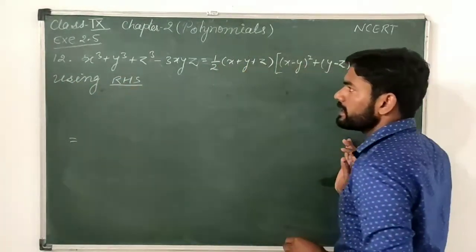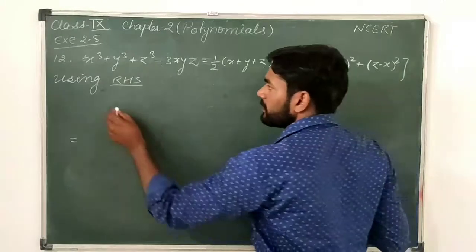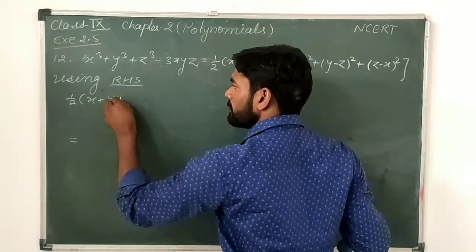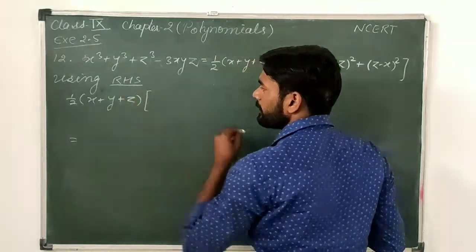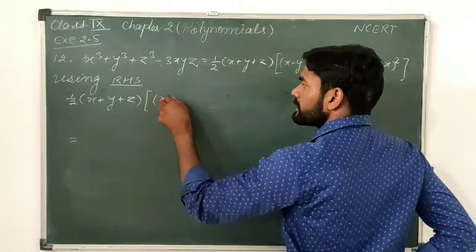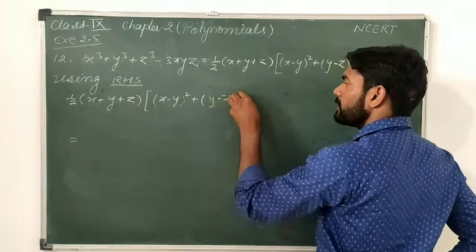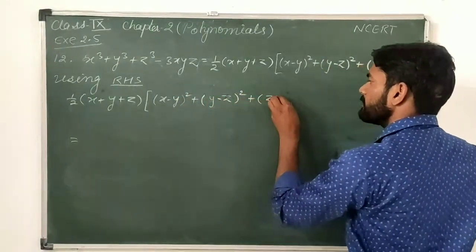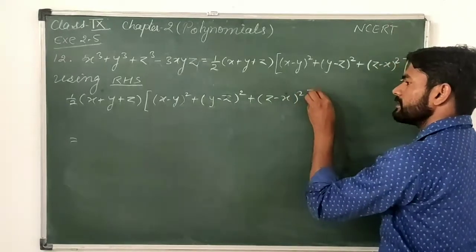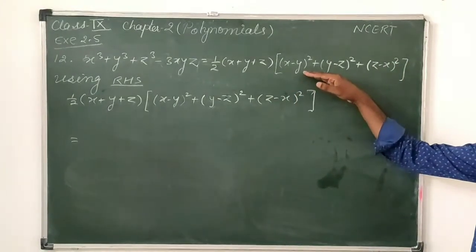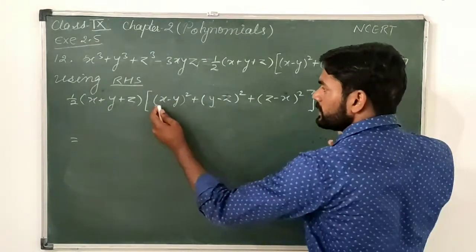Using the RHS, write it again: half into (x plus y plus z) into ((x minus y) whole square plus (y minus z) whole square plus (z minus x) whole square). It is our right hand side term. Now open all these brackets.